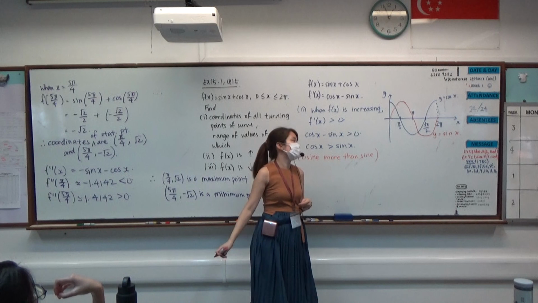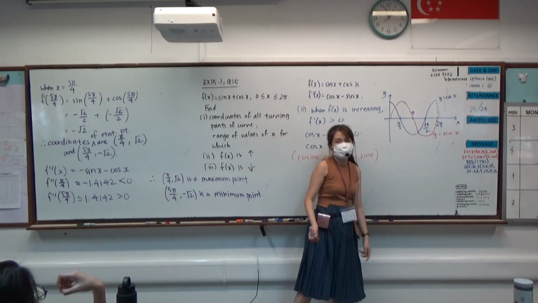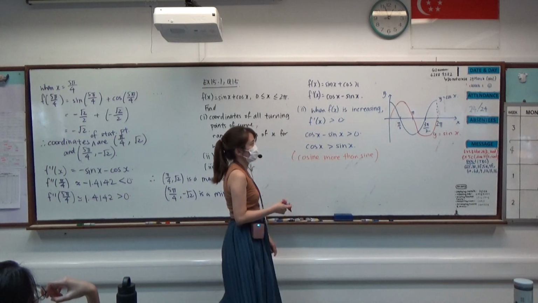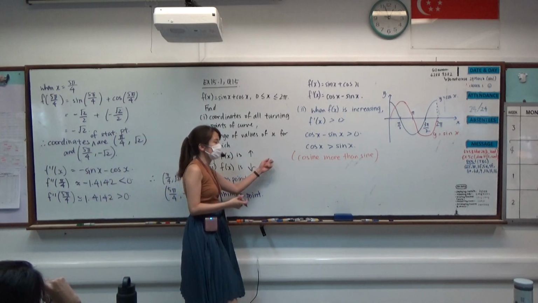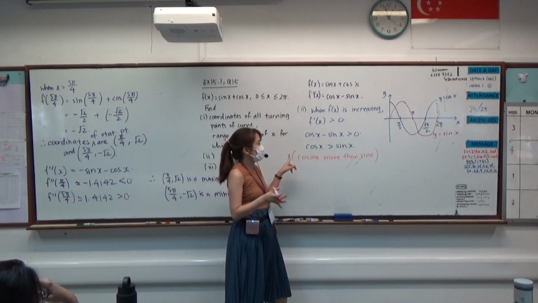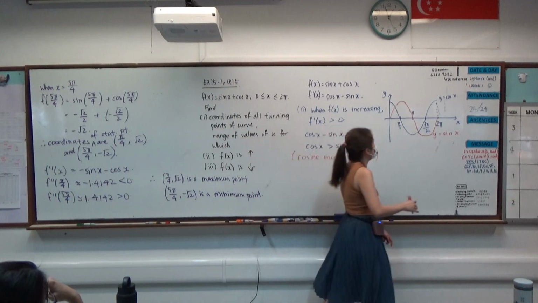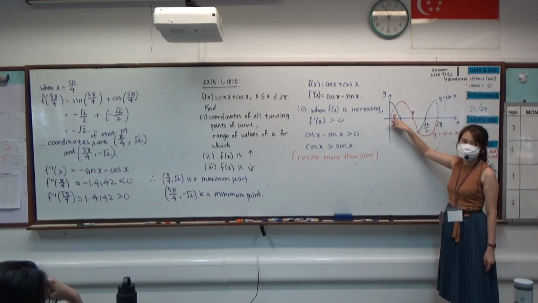Sine graph has the same period 2 pi, then pi over 2, 3 pi over 2, all our quadrants. So far? Then now, going back to the inequality, we want the values of x where cosine is more than sine. That means we want the blue graph to be above the red graph.